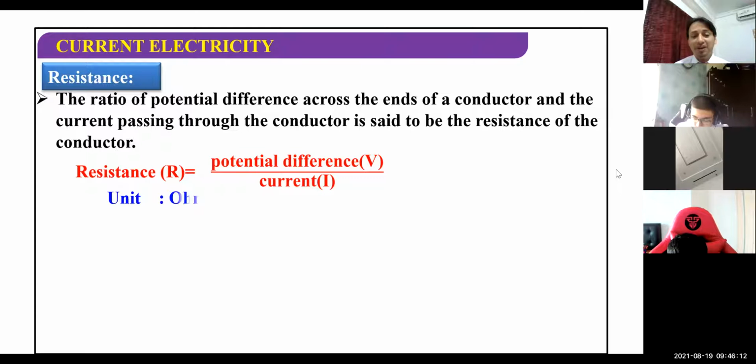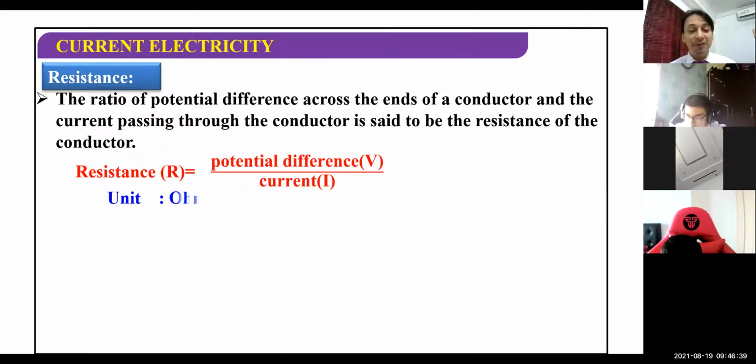So from Ohm's law, R is equal to V divided by I. It means you can find the resistance of any conductor, any metal, any wire, if you know the voltage applied across it and how much current is flowing in the circuit. Their ratio, V divided by I, is the resistance. That is the mathematical form.